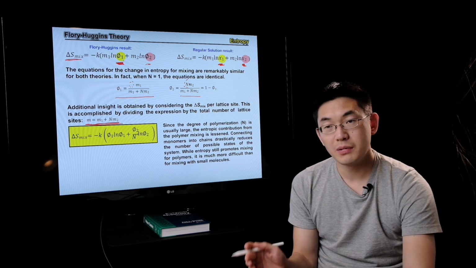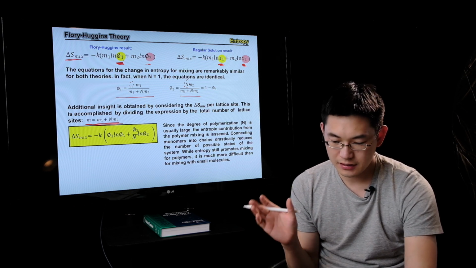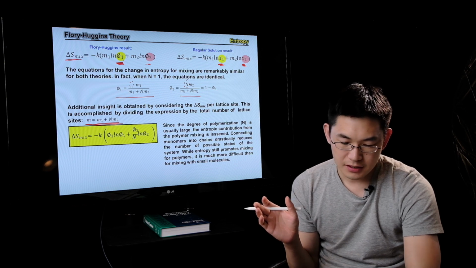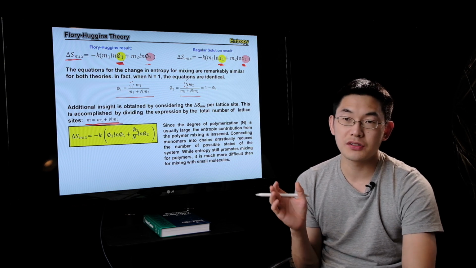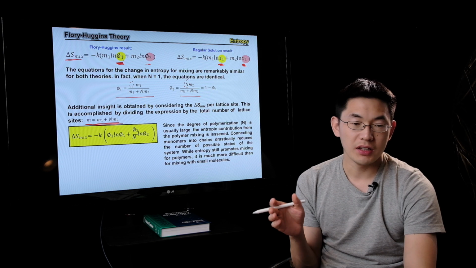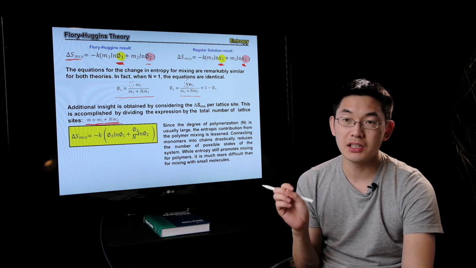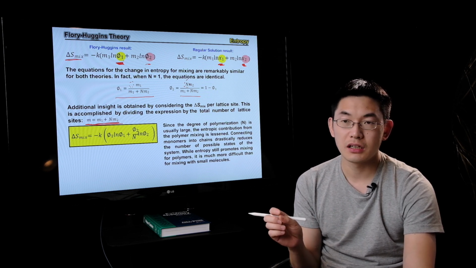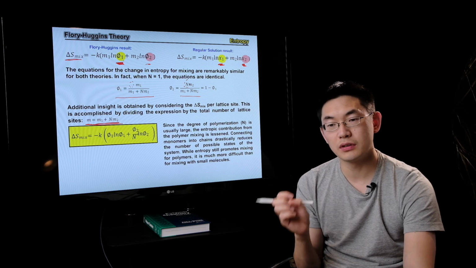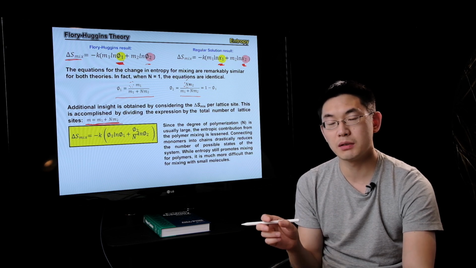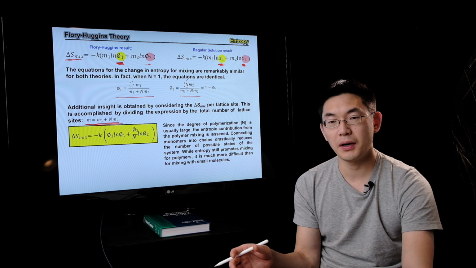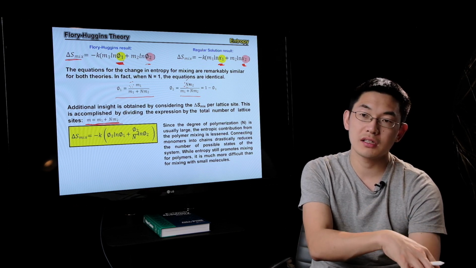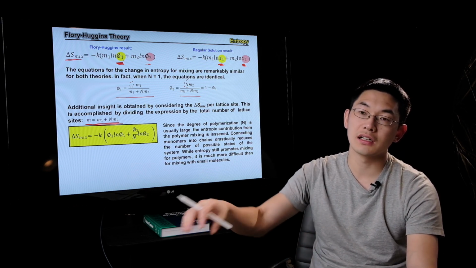Why do we want to normalize them? Because it is typically easier to comprehend what happens at each lattice size scale. It's just simpler and easier to comprehend if you consider per lattice. Then you can compare one lattice in one system versus another lattice in another system, right?